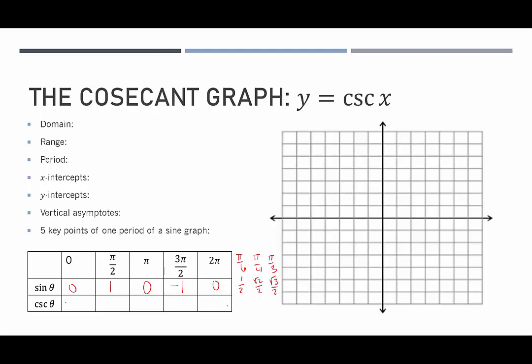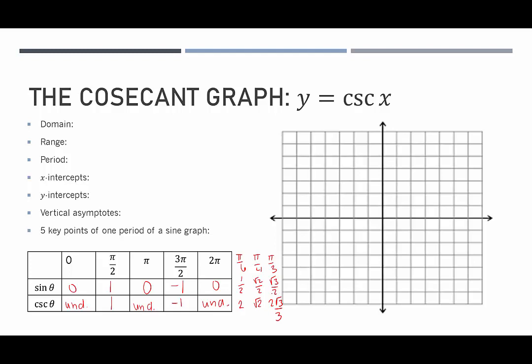So cosecant, reciprocal of 0 is undefined, reciprocal of 1 is 1, here we have undefined, -1, undefined, and then in between 0 and pi over 2, this would be 2, square root of 2, and 2 root 3 over 3.